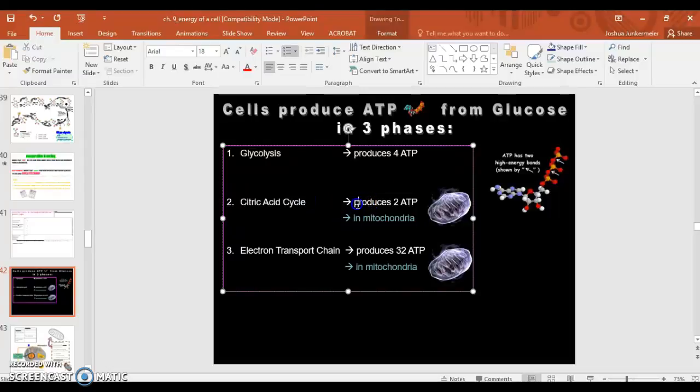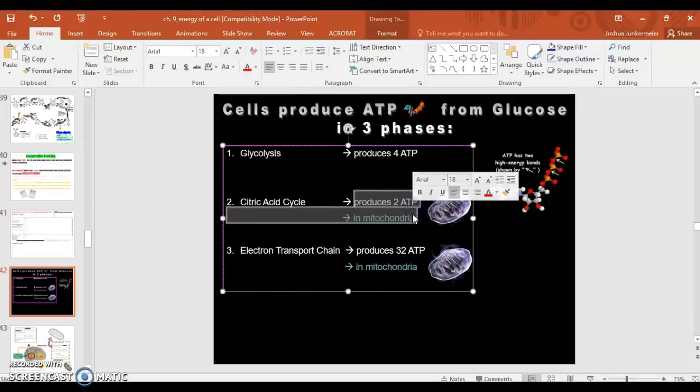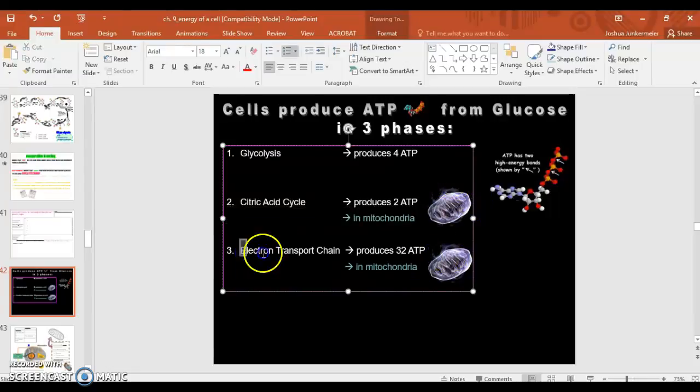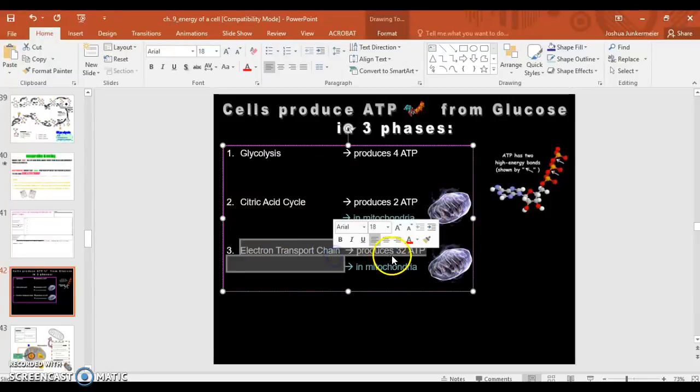It produces 2 ATP, so even fewer. It's happening in the mitochondria, which is this guy right here. And then we have the electron transport chain. It produces 32, the majority, about 90% of the ATP made from carbs. So when you eat carbohydrates, 90% of the ATP made from that happens due to the electron transport chain in the mitochondria.